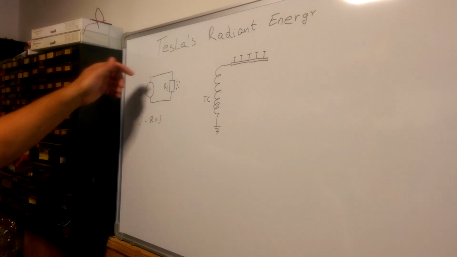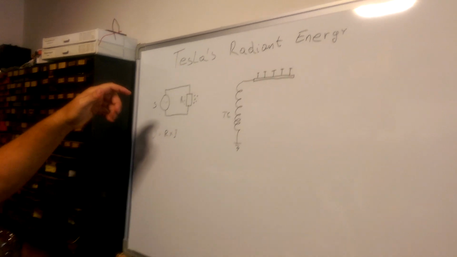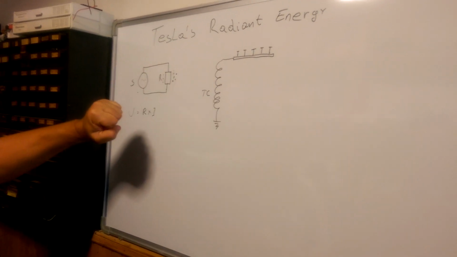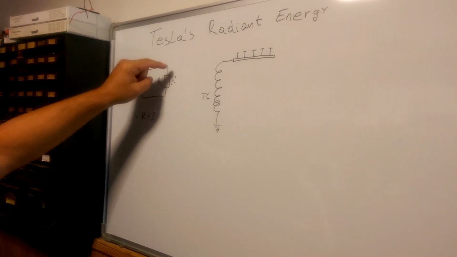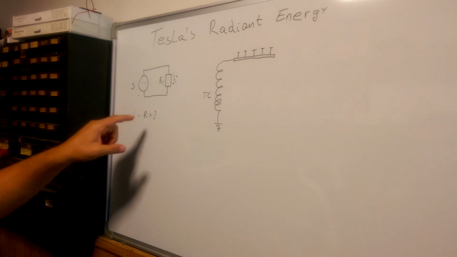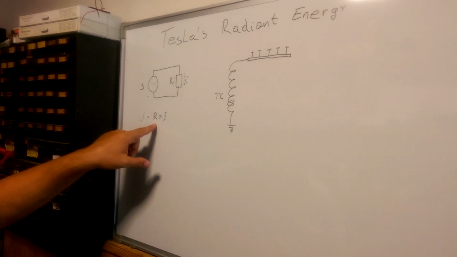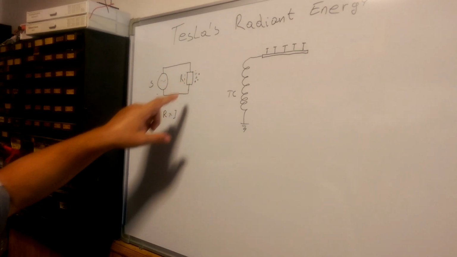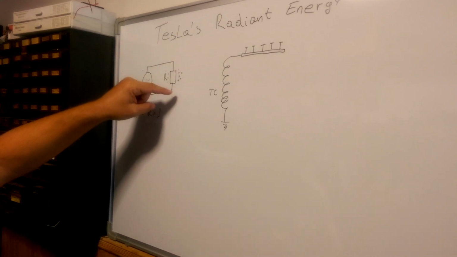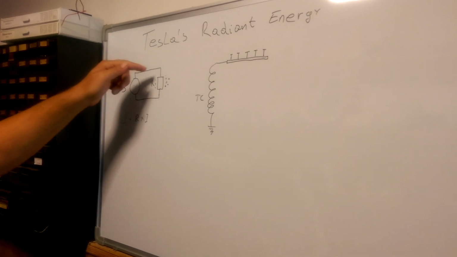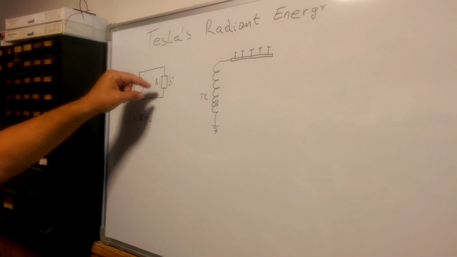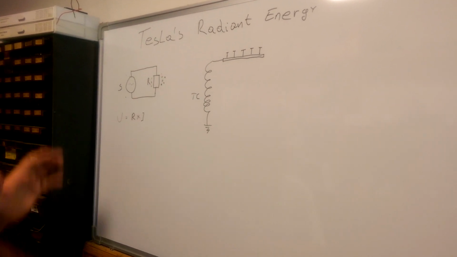But if we increase the voltage and the frequency, then more and more energy will go through the path where the ions are. And if we also increase the value of the resistor, in that case the energy path through the ions will be the primary path, and through the resistor will be the secondary path.